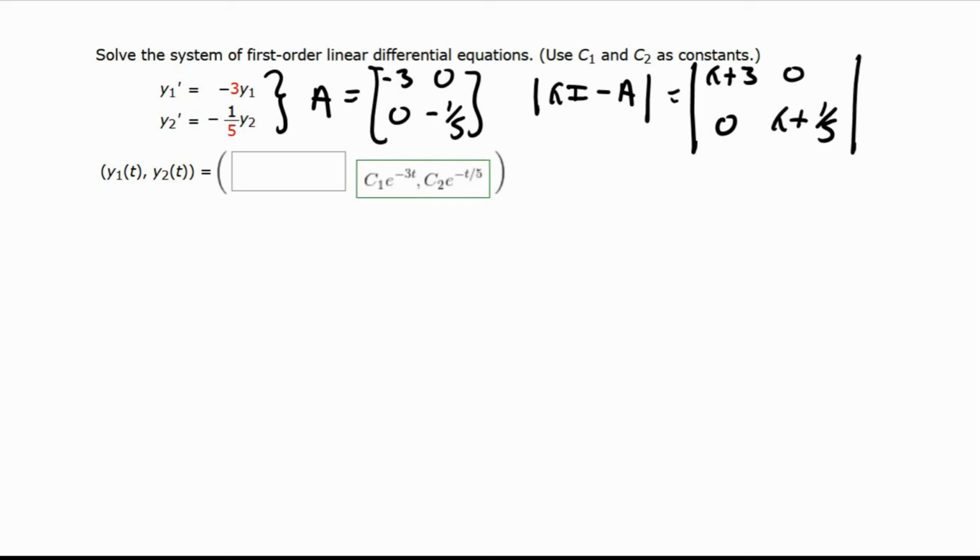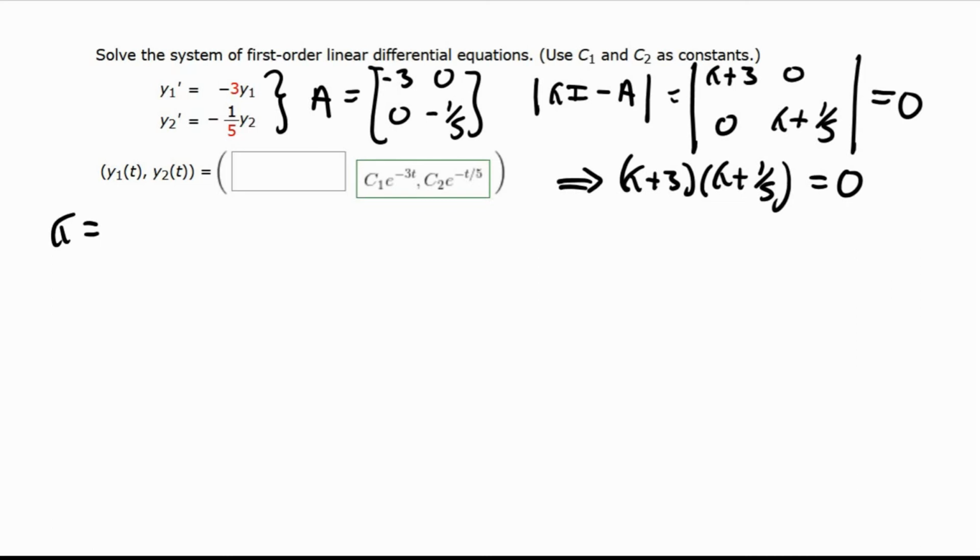Again, this determinant is set equal to 0, and that yields lambda plus 3 times lambda plus 1/5 minus 0 equal to 0. So we get lambda equal to negative 3, and lambda equal to negative 1/5.